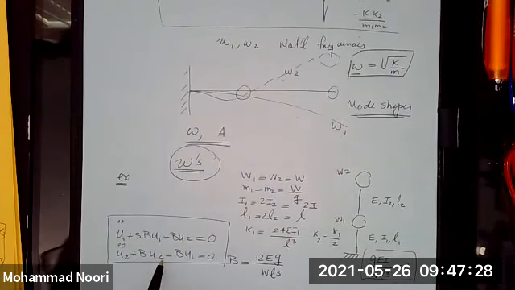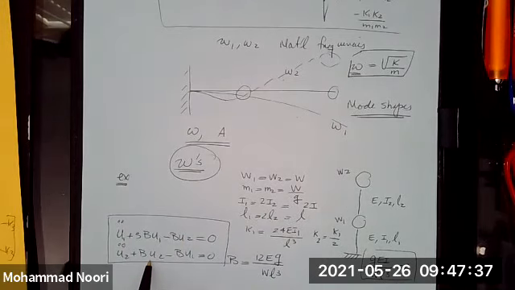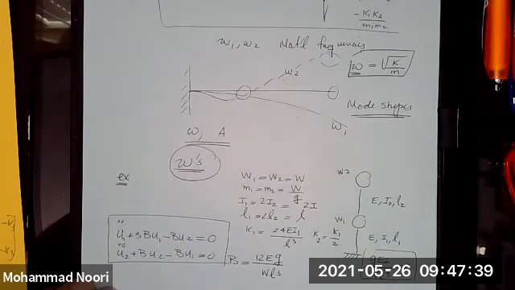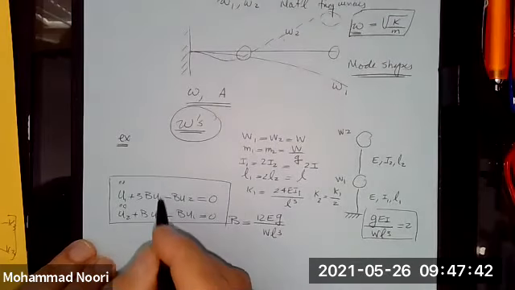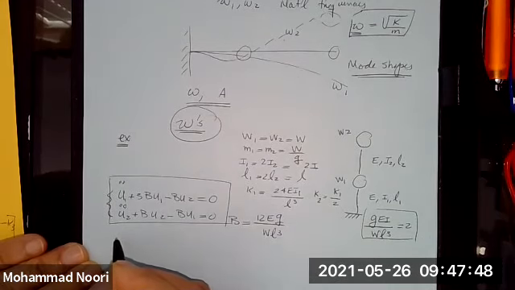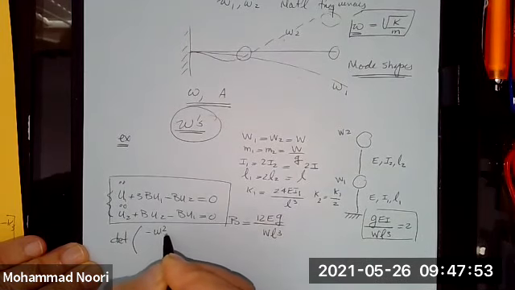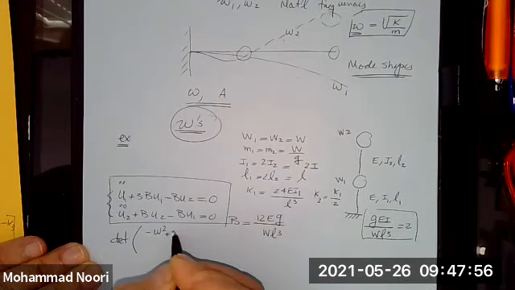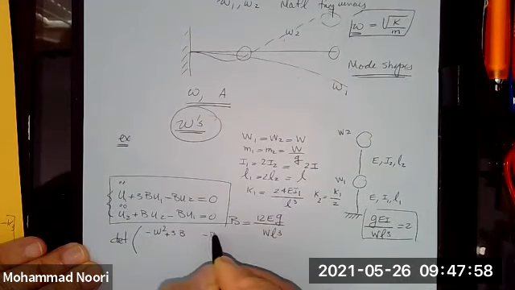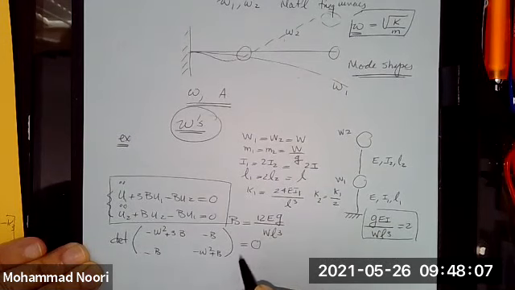So you want to solve now these equations, and as we said, you cannot solve them directly. All you can do is, since these are homogeneous equations, the condition for the solution is that the determinant of the coefficients, which would be omega squared plus 3B, minus B, minus omega squared plus B, has to be 0.